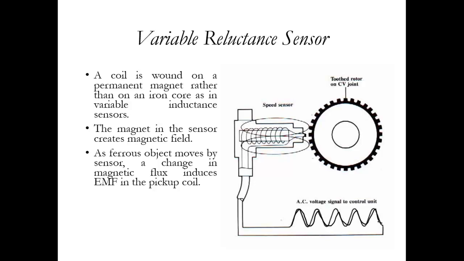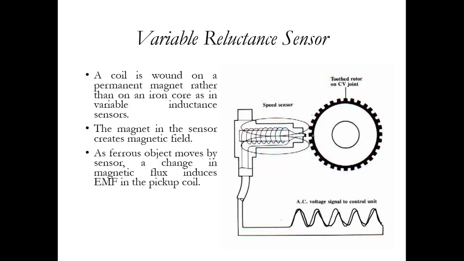What actually happens in variable reluctance sensors is that rather than using a coil which is energized by an AC signal, we look at it on a different principle, whereby a permanent magnet which creates a magnetic field around it is disturbed by the motion of a ferrous object placed nearby.